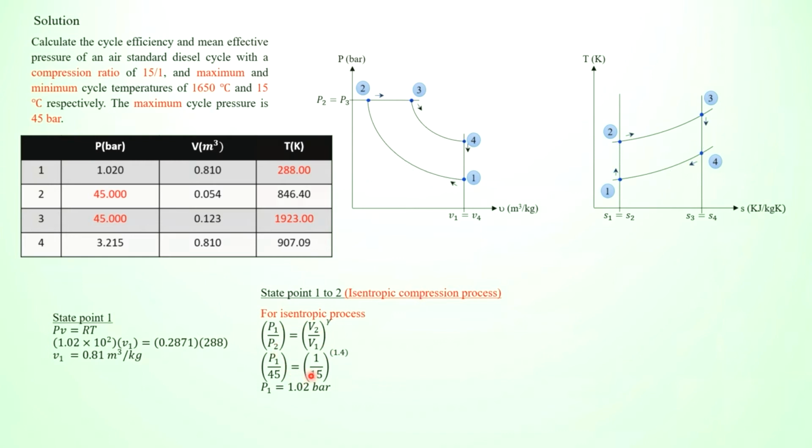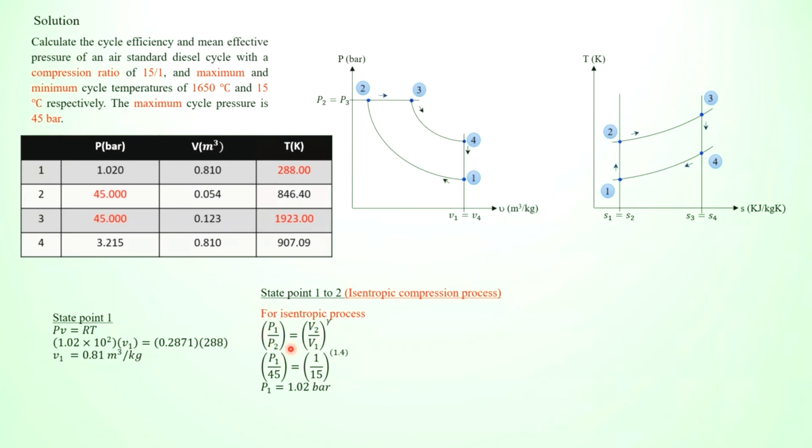Based on the isentropic or adiabatic relationship between pressure and volume, make sure this is to the power of gamma. If temperature to volume, this should be gamma minus 1. If temperature to pressure, then this should be gamma minus 1 over gamma. For air, usually we consider gamma as a standard 1.4. It's stated here, air standard diesel cycle. So for air, gamma is 1.4.